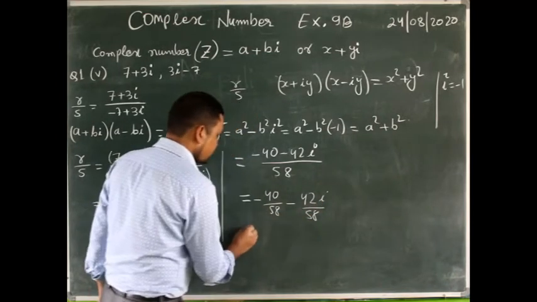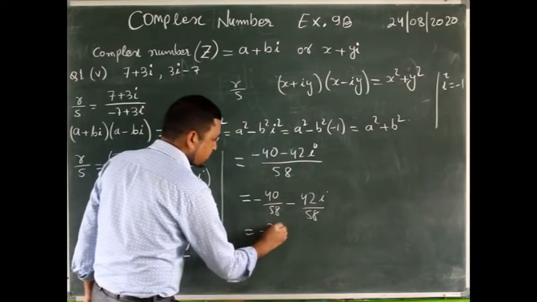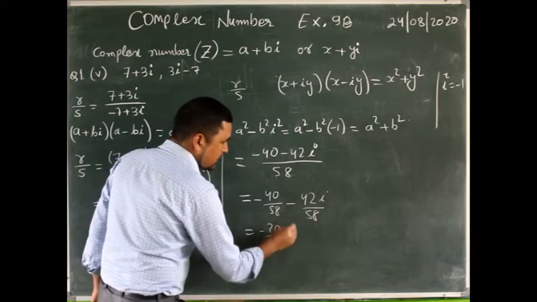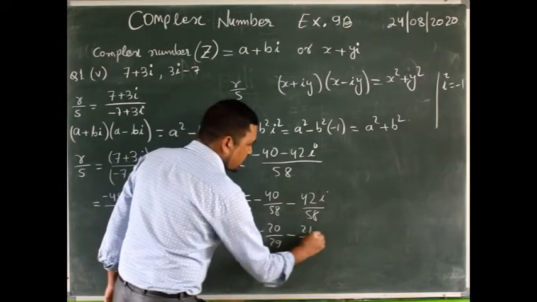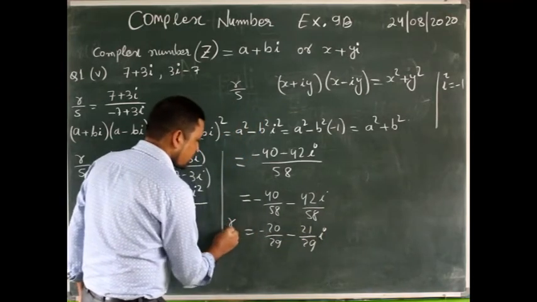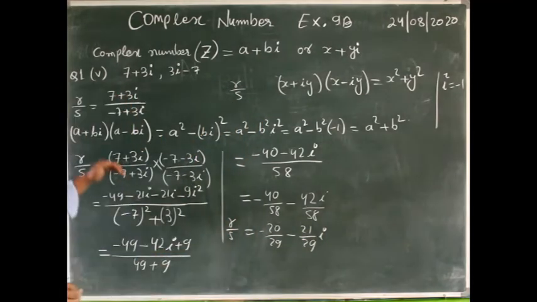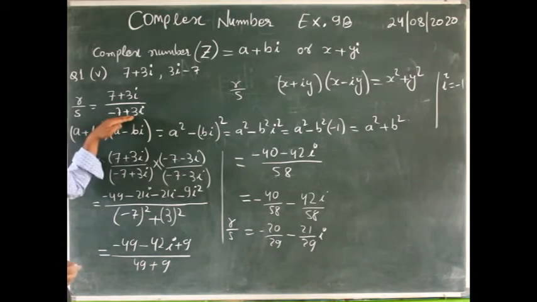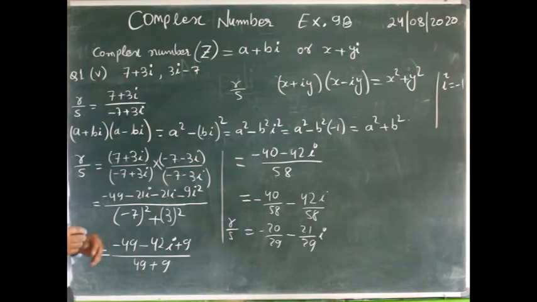If there is any common factor, you can cancel it. This is minus 20 by 29 and minus 21 by 29i. Now this is the value of r divided by s. If you want to remove the complex number from the denominator, always do rationalizing.